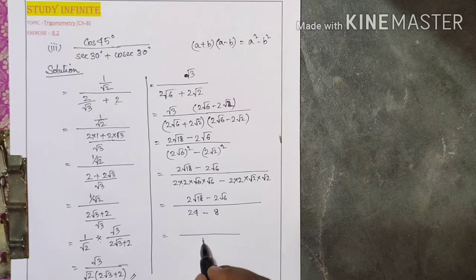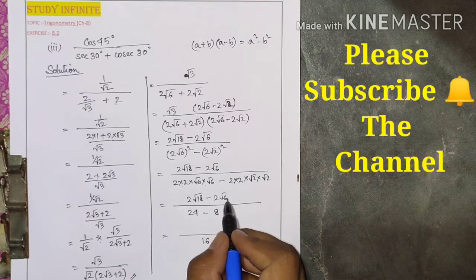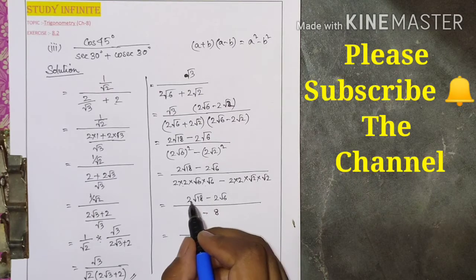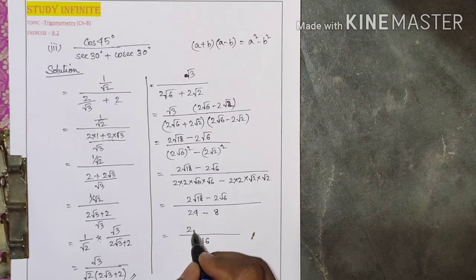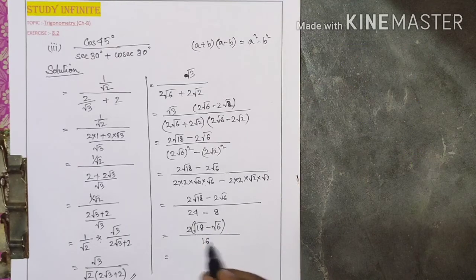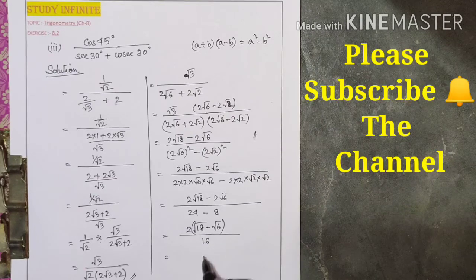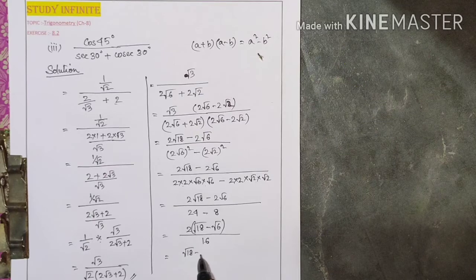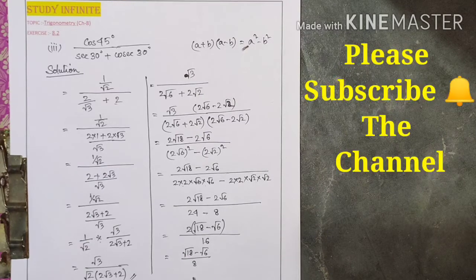On solving this we get 16, and from this numerator part let us take 2 common. If we take 2 common, we end up getting root 18 minus root 6. Now 2 and 16 get cancelled out as 8 remains in the denominator part. So root 18 minus root 6 upon 8.